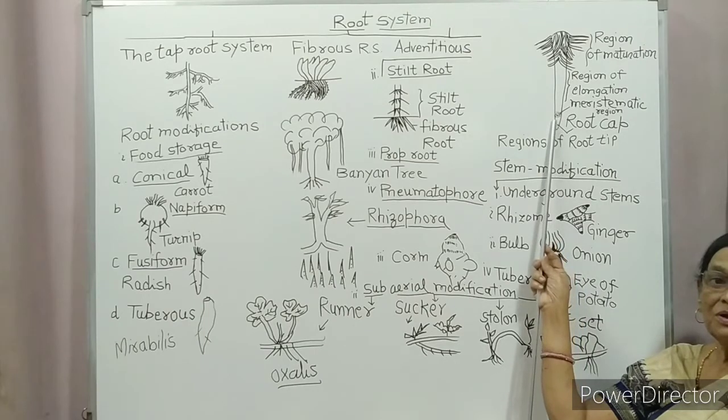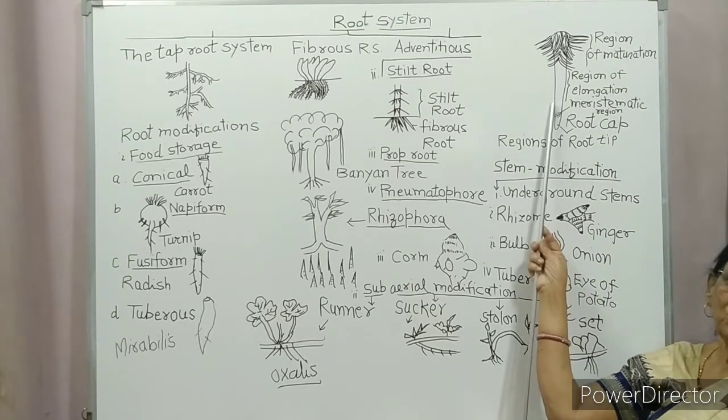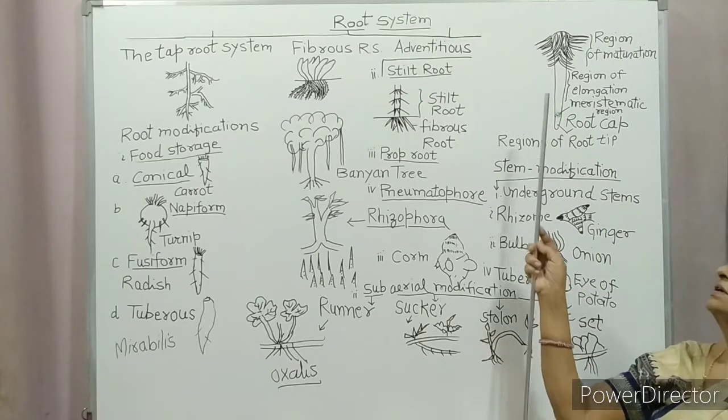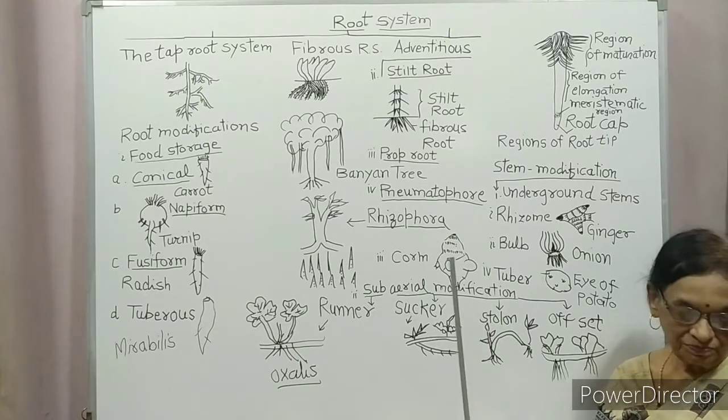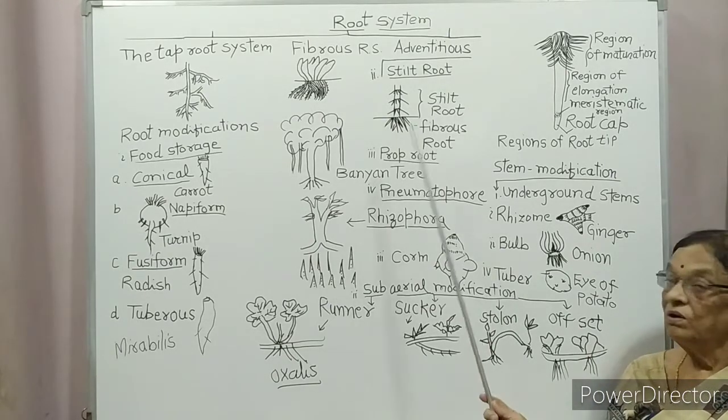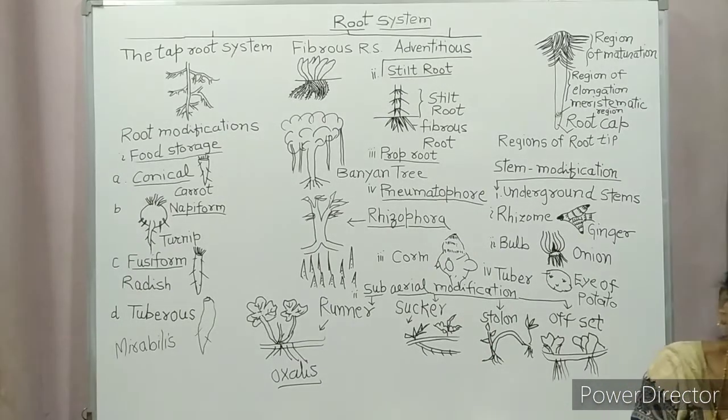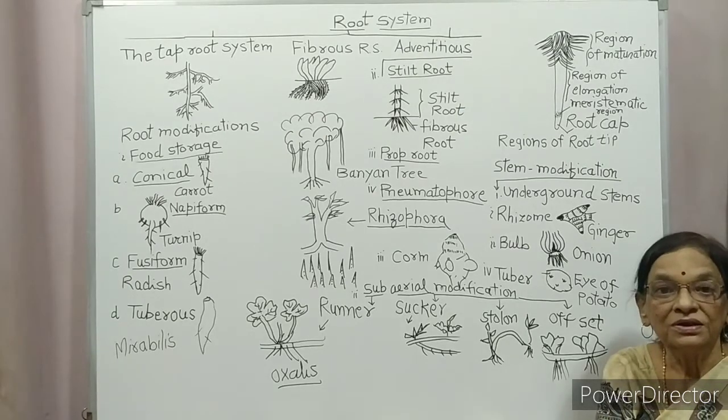Meristematic zone, a zone of dividing cells, zone of elongation and zone of maturation. Now, the normal function of root you have studied is fixation and absorption.